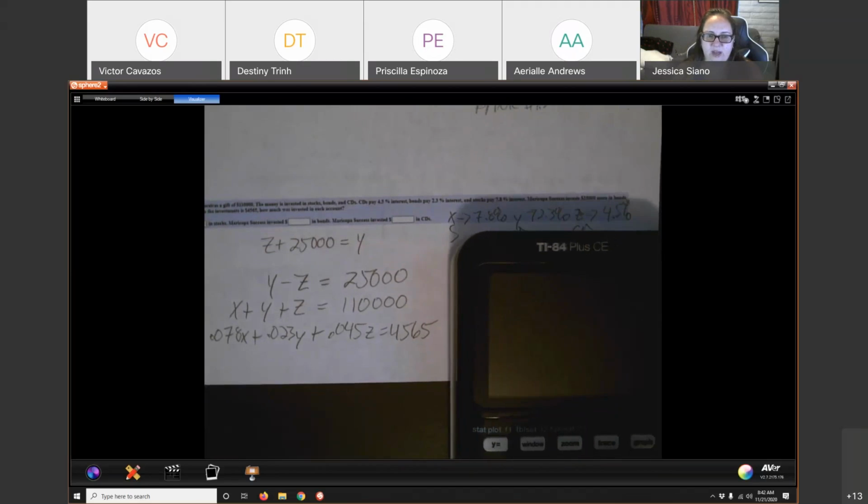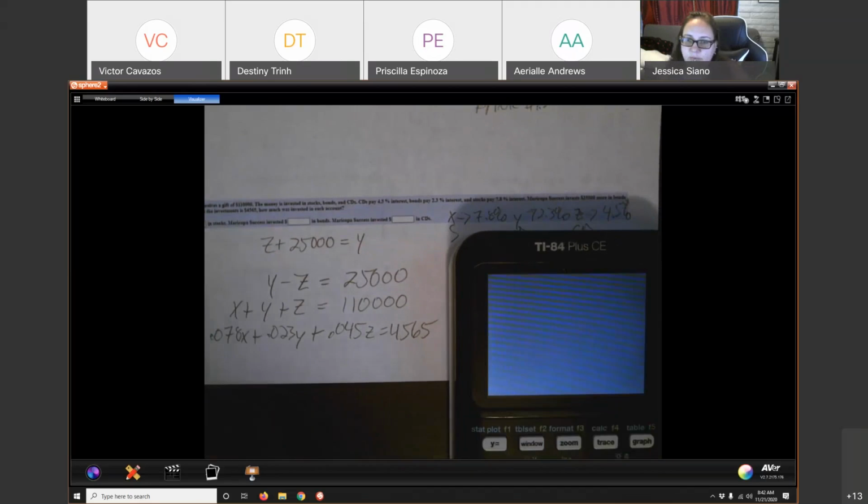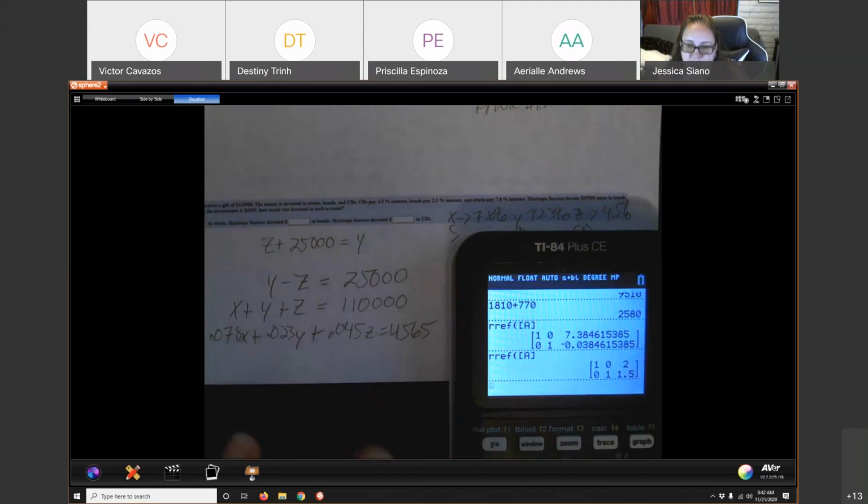Again, honestly, this one would not be super difficult to do by hand, but it's even easier to do on the calculator.